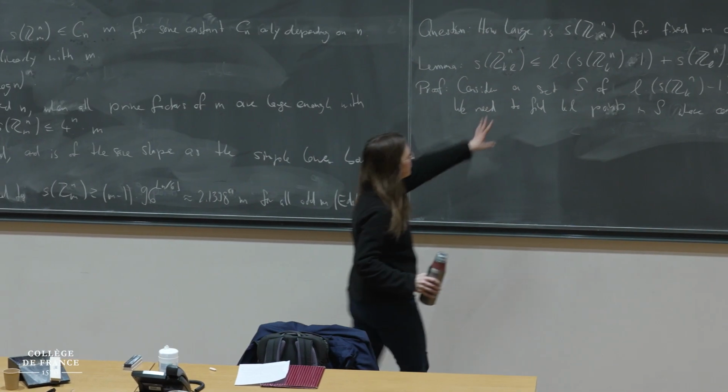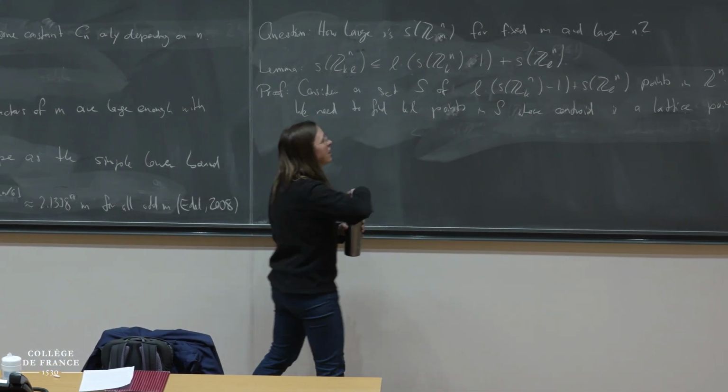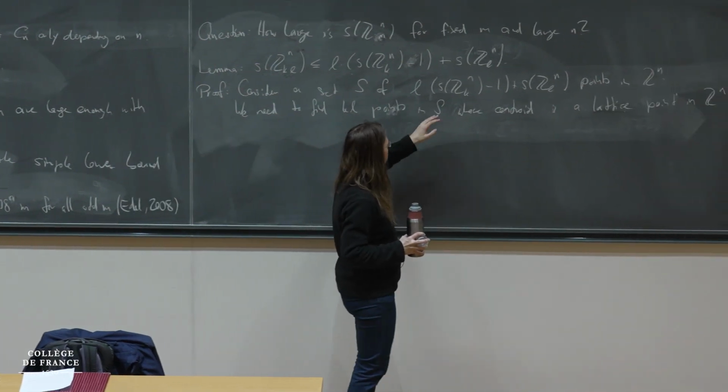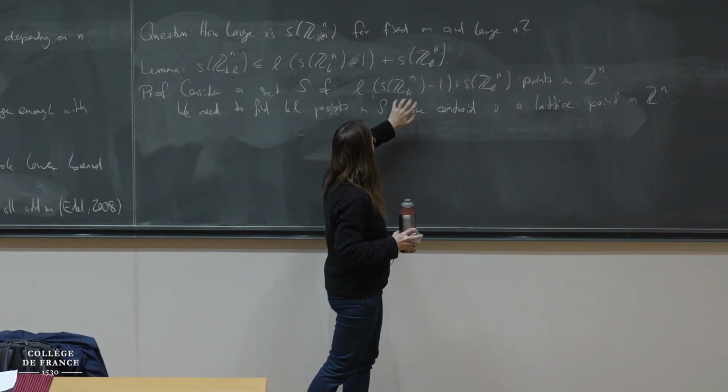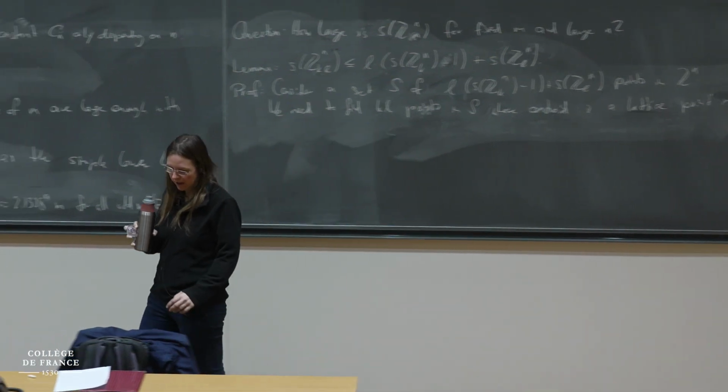But since what we are given is in terms of this problem for K and this problem for L, what we want to do is apply this problem for K and this problem for L in order to, in the end, find these KL points.